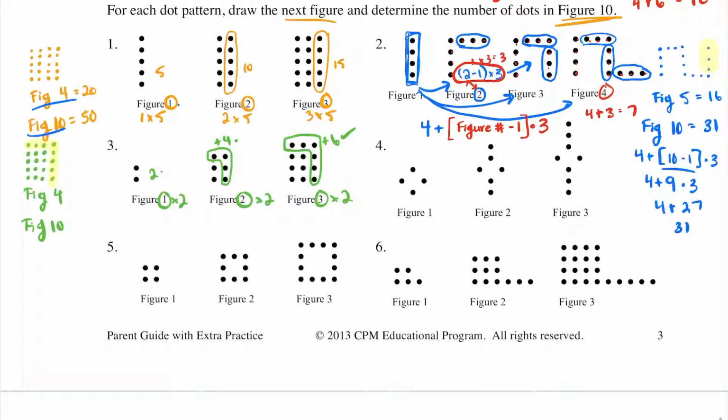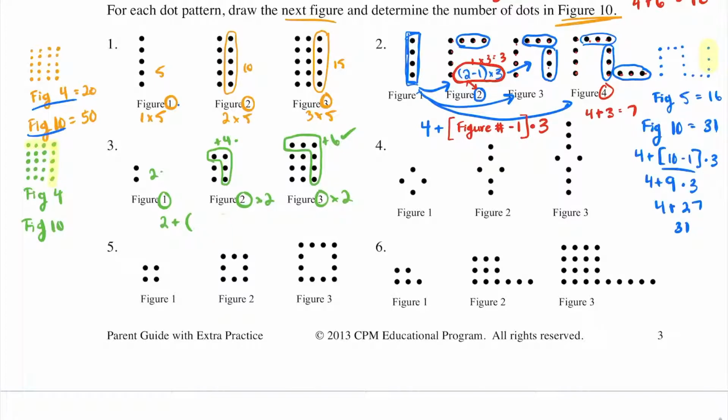I'm starting with 2. So, not multiplying figure 1 by 2, but we're starting with 2. And then from that point on, I can take my figure number and add to it, because I'm adding more dots. So I'm going to take my figure number, and multiply it by 2.